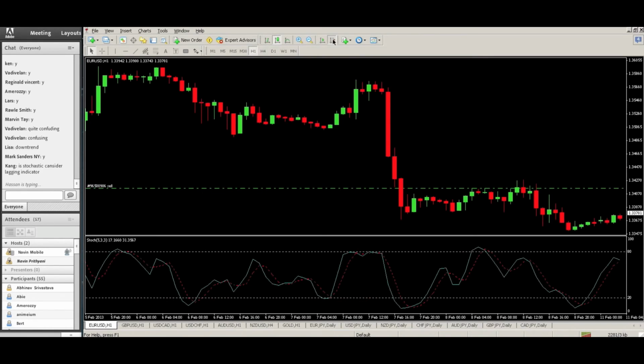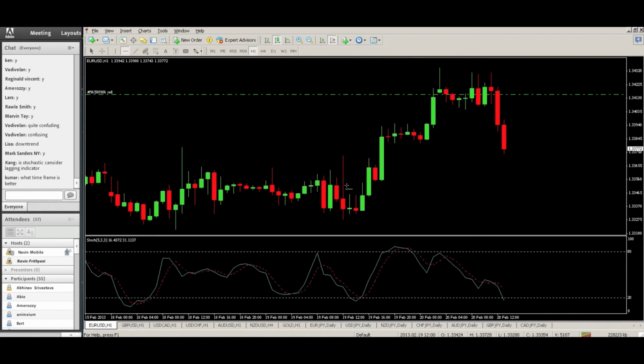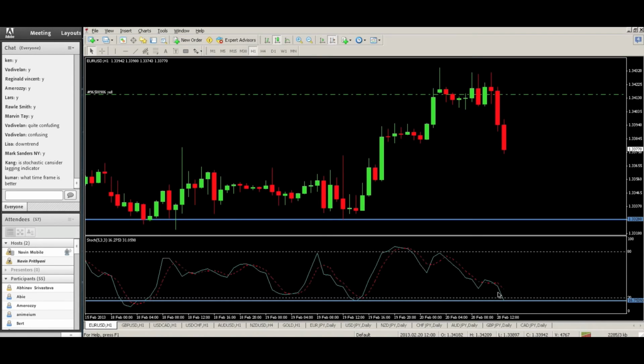Our 1 hour charts currently have nothing, but take a look at this. We have a bottom here, right? Kumar, 1 hour and above is my preference. We have a bottom here. Do you think we might have a possible breach?